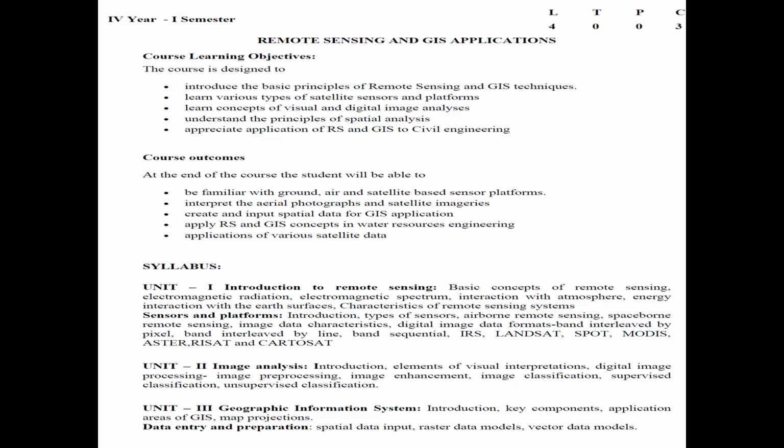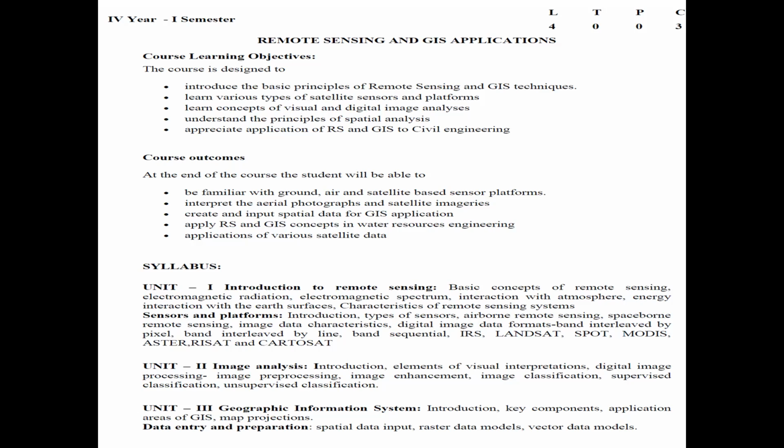At the end of the course, the student will be able to achieve the following outcomes: be familiar with the ground, air, and satellite-based sensor platforms. These are the three types of platforms. The student will also be able to work with aerial photographs and satellite images, how to gather the images, and how to analyze the photographs.